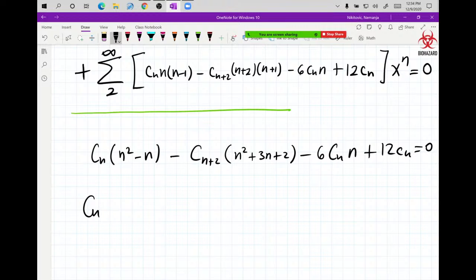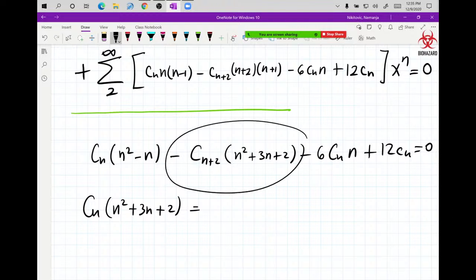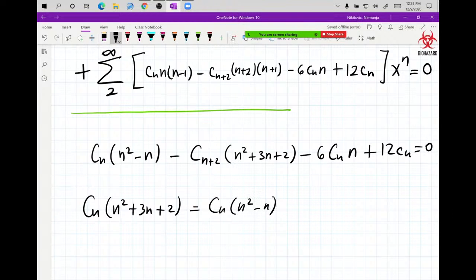So Cn plus 2 times n squared plus 3n plus 2 is equal to, and then you put all of these to the other side, so you move this one, right? When you move this one it becomes positive, then all the other ones stay as they are in terms of sign. So this is Cn n squared minus n minus 6 Cn times n plus 12 Cn.